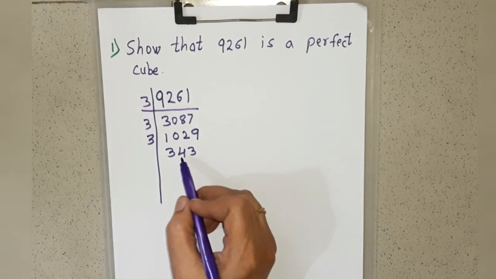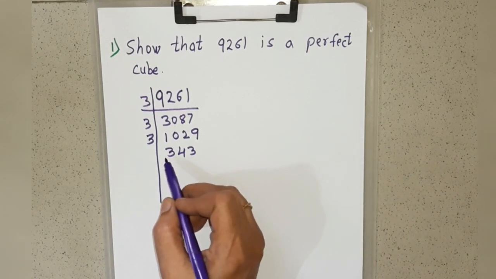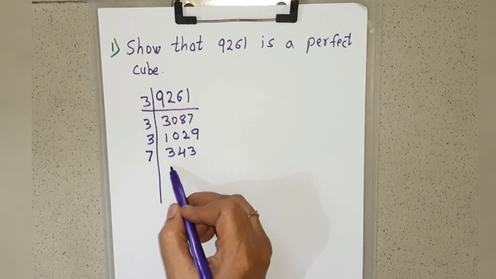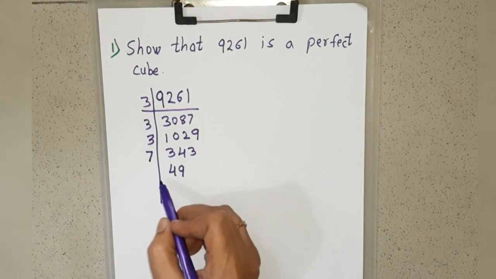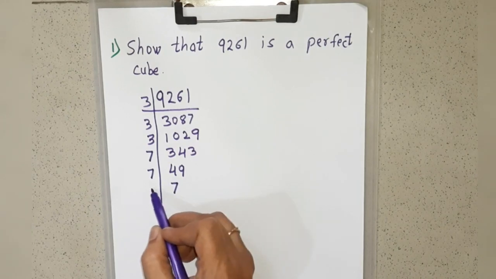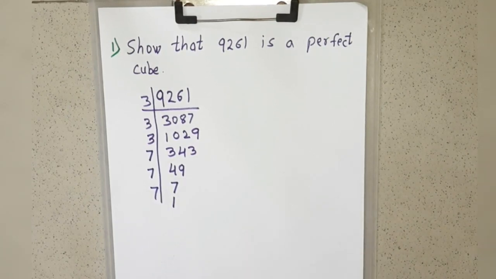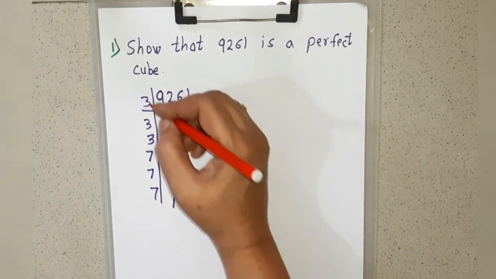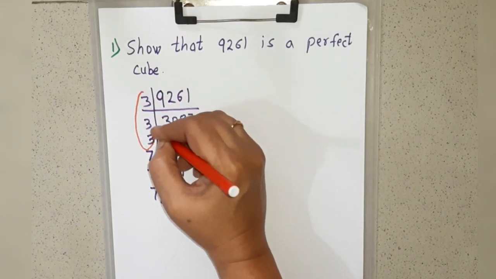Now 343, just now when we were looking at the cubes, we know it is the cube of 7. So I know it is divisible by 7. On dividing by 7, I get 49. Again 49 is divisible by 7. I get 7 7s are 49 and 7 1s are 7. So observe, children: whenever a number is a perfect cube, the primes will always occur in groups of 3.